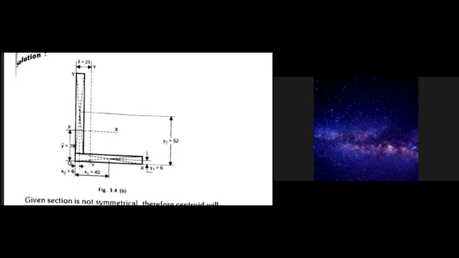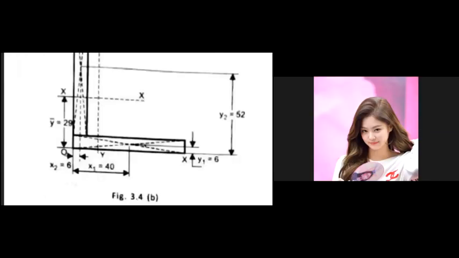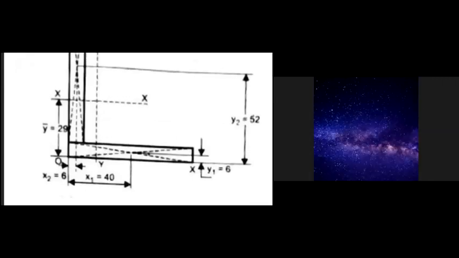So after drawing the figure, our next step is to divide this into a number of components, standard sections. Here, this L section consists of 2 rectangles, and we can divide it as shown in the figure along a horizontal line.